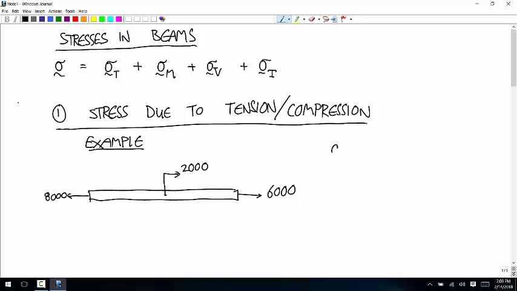And let's say that the cross-sectional area of the beam is 1/1000th of a meter squared, so 0.001 meters squared. And we want to calculate the stress due to tension at this location.